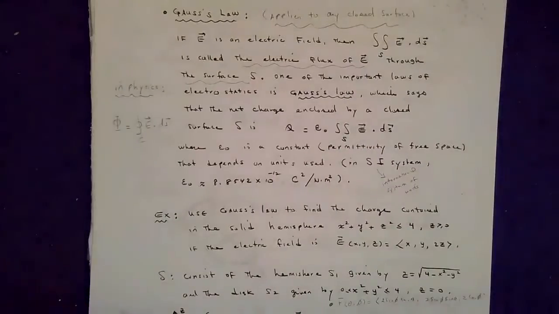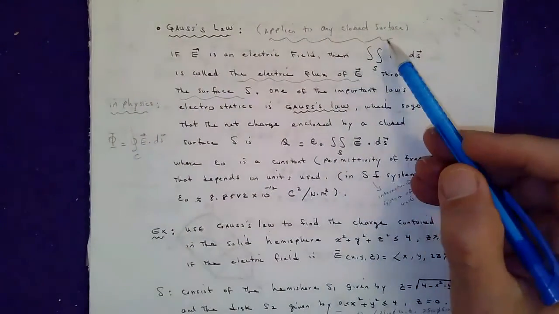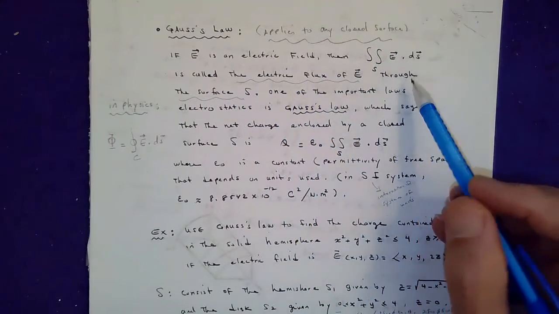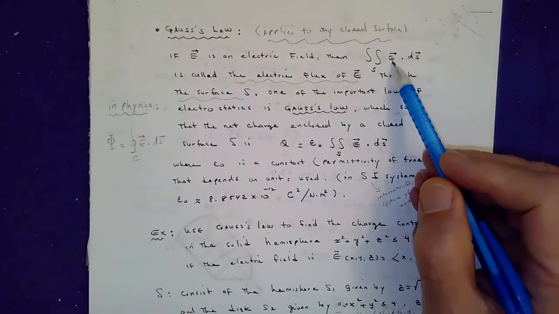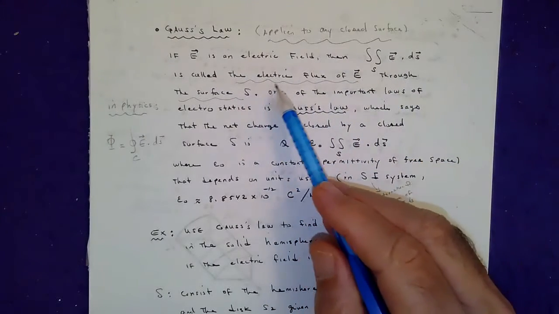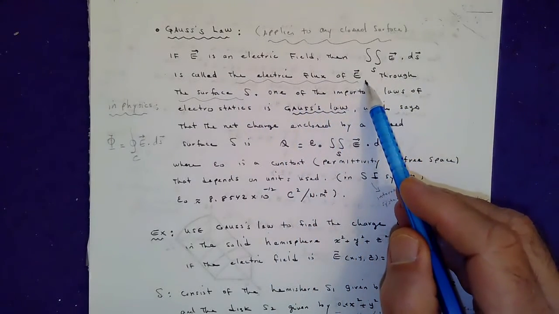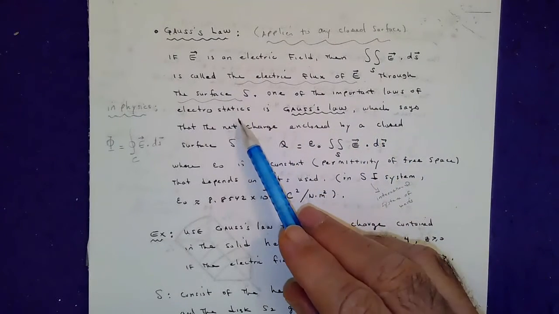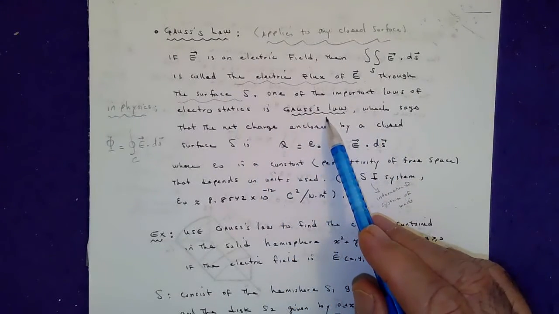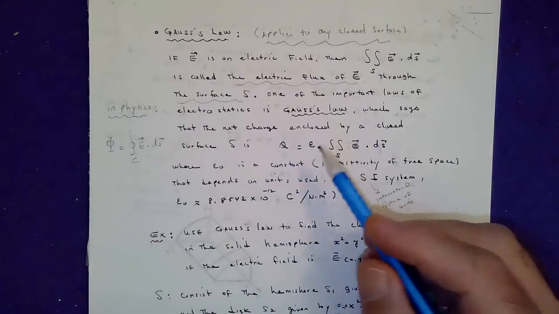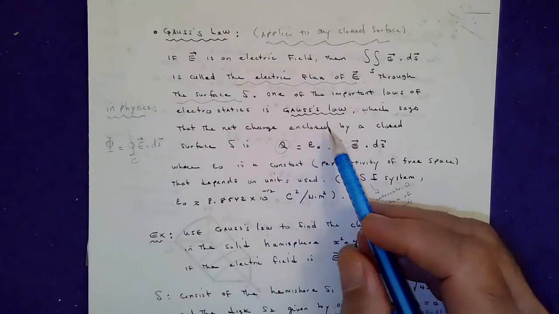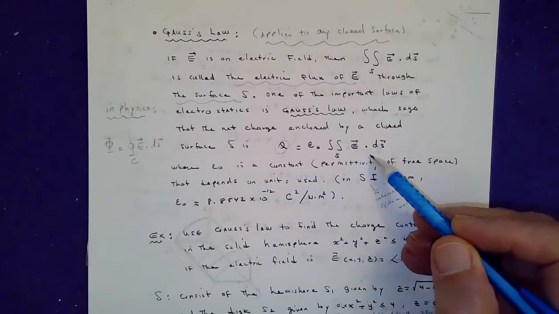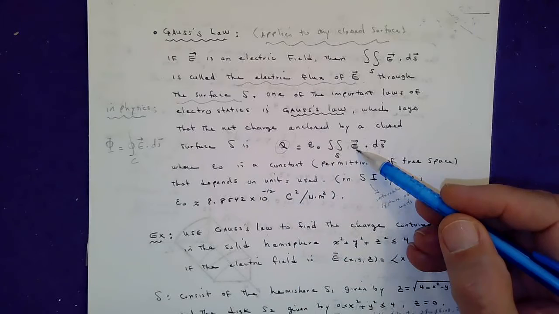The next example would be Gauss's law, which applies to any closed surface. So if E is the electric field, then this surface integral over the electric field is called the electric flux of E through the surface S. One of the important laws of electrostatics is Gauss's law, which says the net charge, which we denote by Q, enclosed by a closed surface is given by this surface integral over a vector field.